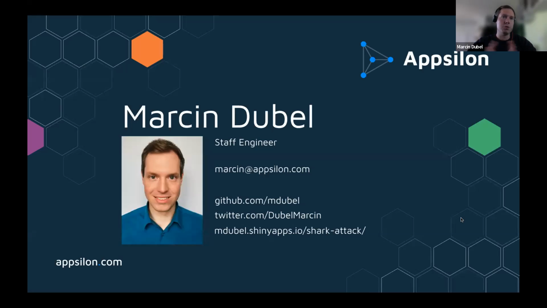Let me introduce myself quickly after I introduced the topic of the workshop. My name is Marcin Dubel. I work in Appsilon for over 3 years. Before that, I worked as a Shiny developer for some pharmaceutical companies. I worked for consulting companies, and of course, I work as a staff engineer in Appsilon.